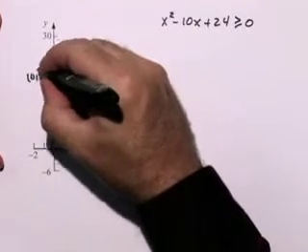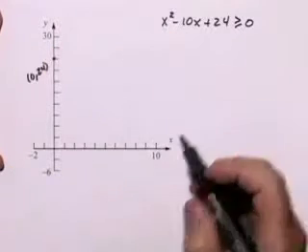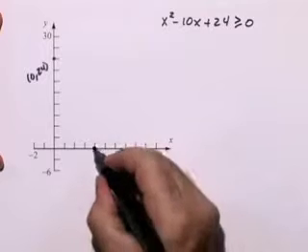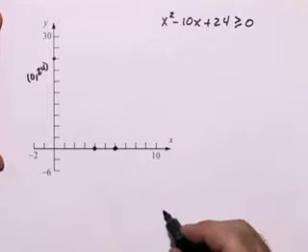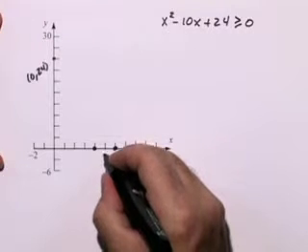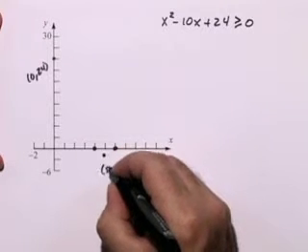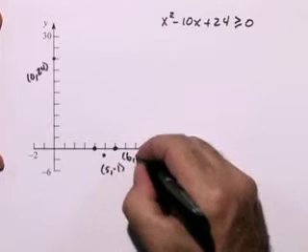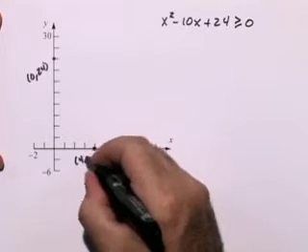So that's 0, 24, our y-intercept. We had x-intercepts at 4 and 6, 2, 3, 4, 5, 6. And then our vertex was at 5, negative 1. And this intercept is 6, 0, and this is 4, 0.